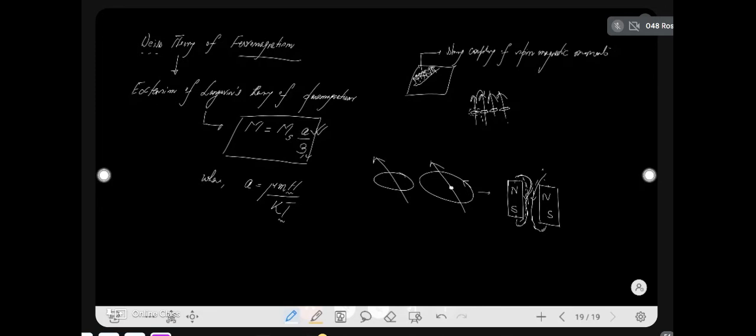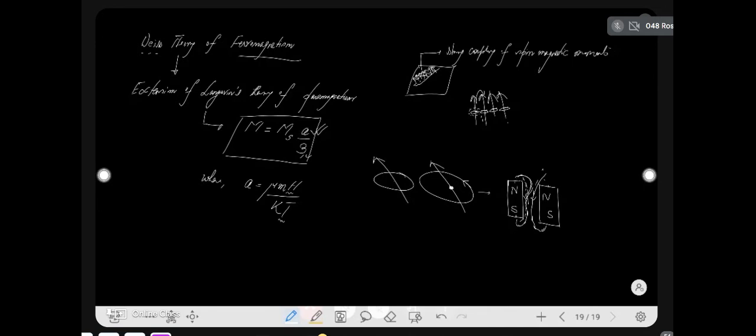I gave this example before also in the class: suppose in a test you are being forced to make 10 to 12 students sit in one particular set. Then any change in the posture of one student is going to affect the sitting arrangement, the sitting position of the other students. So the same is the situation here. This gives rise to a strong coupling of the magnetic moments. So there is a strong correlation factor.